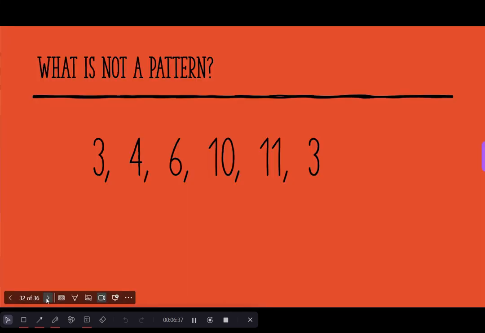So tell me why this is not a pattern. Yes, because 3 plus 1 is 4, but 4 plus 1 is not 6. It's 5, but the next number is 6. So it's going by 1, then 2, which already automatically doesn't make it a pattern because it's not following the same rule.